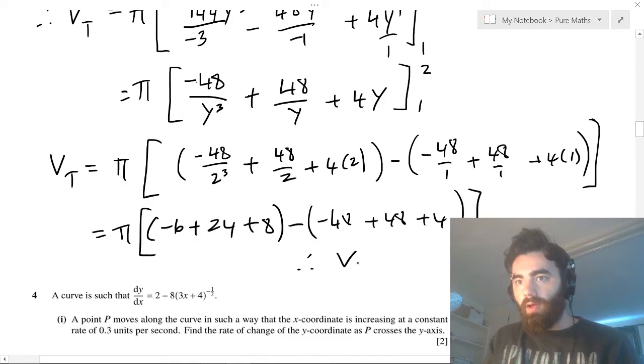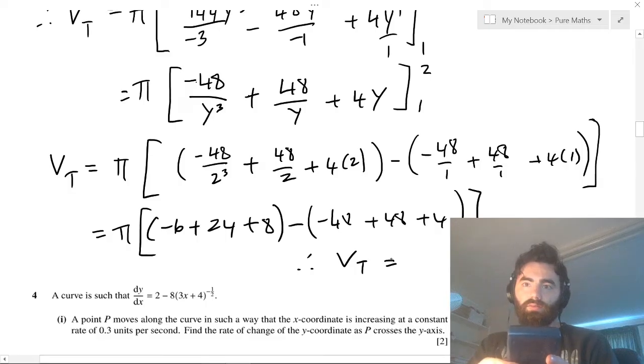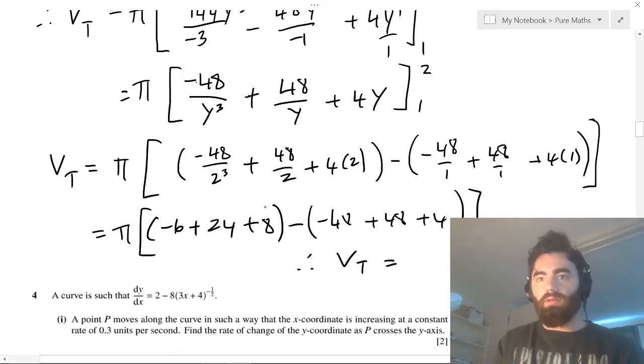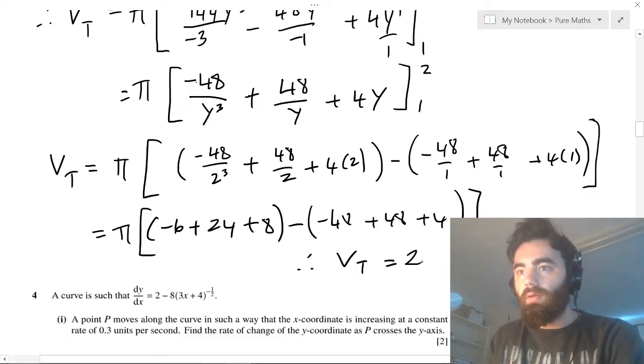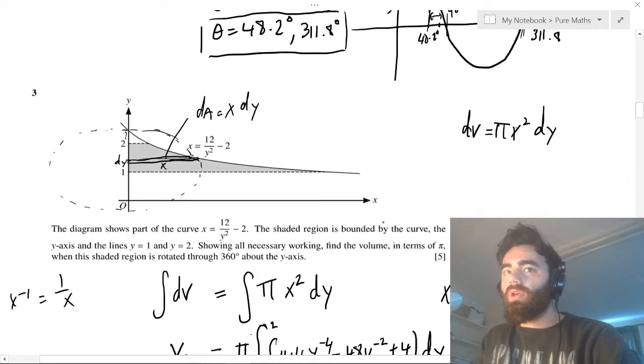So our final total volume is negative 6 plus 24 plus 8 minus 4, which gives us 22 times pi. So the answer, the total volume, is 22 pi. Coolio!